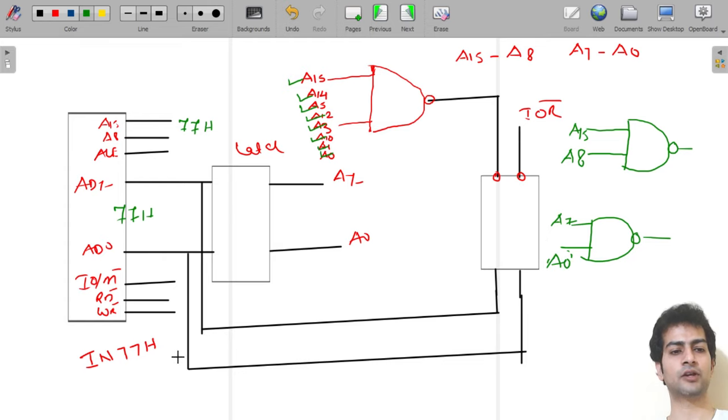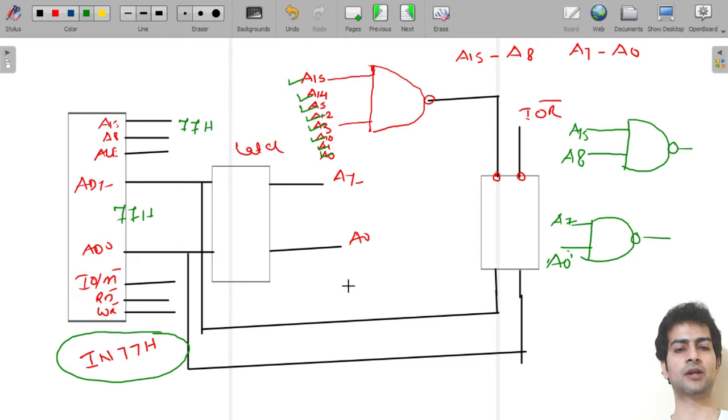Then they give this instruction, IN 77H, and the question asked is: using which arrangement can the microprocessor read data present at memory location 77H?